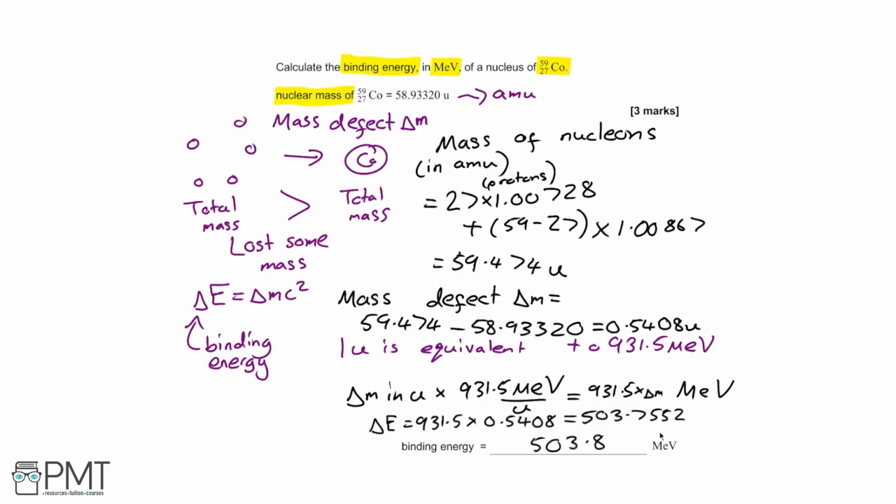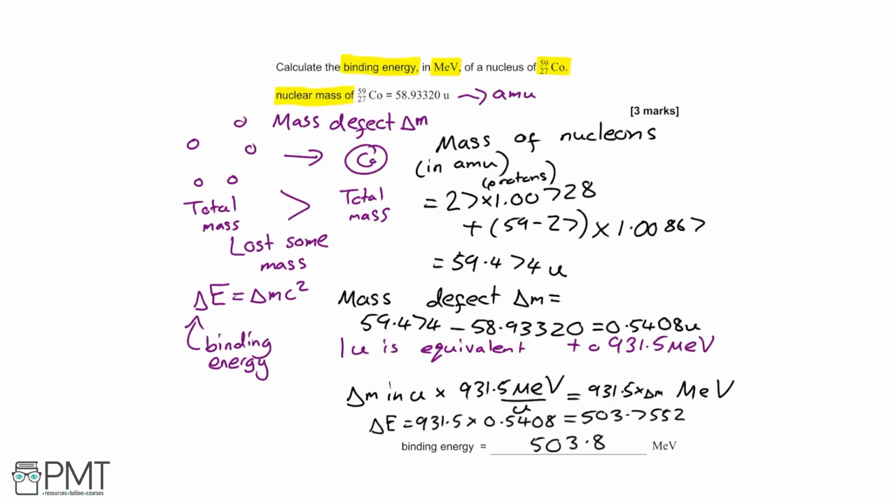Now, the choice of 4 significant figures here is an interesting one. The reason for it is that we are limited by the precision of the lowest precision piece of data that we've been given. Most of the data in this question has been given to high precision, i.e. the mass of the proton in the atomic mass unit is to 6 significant figures, the same with the neutron.